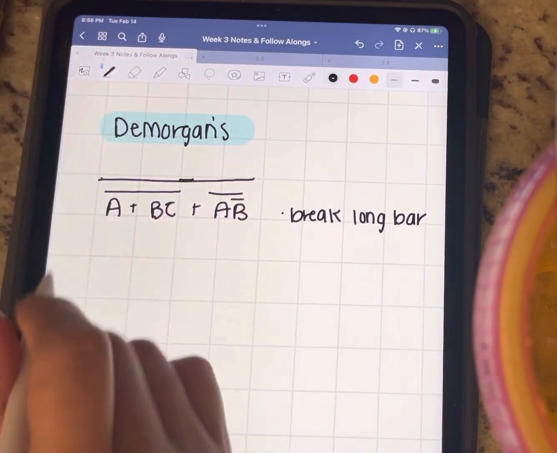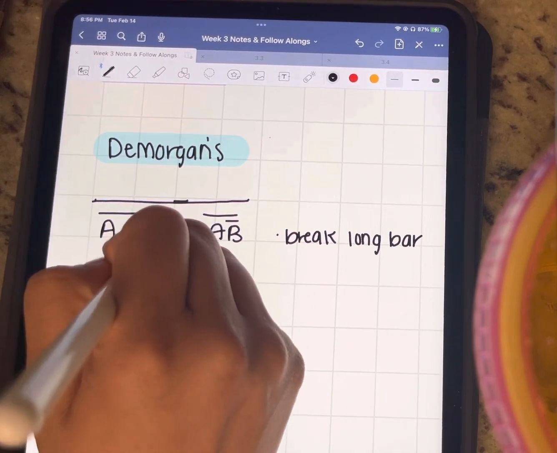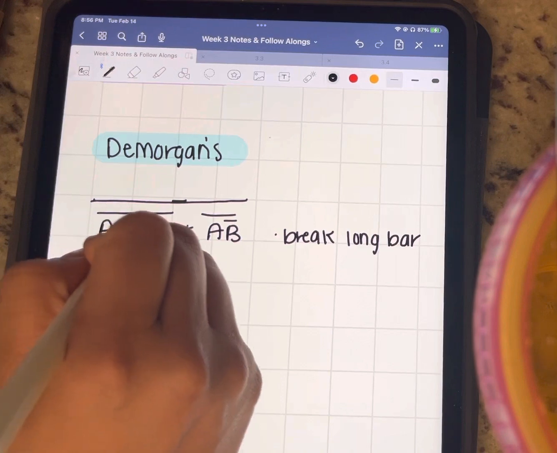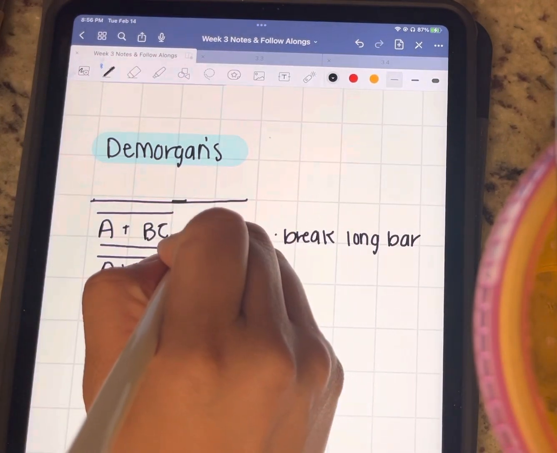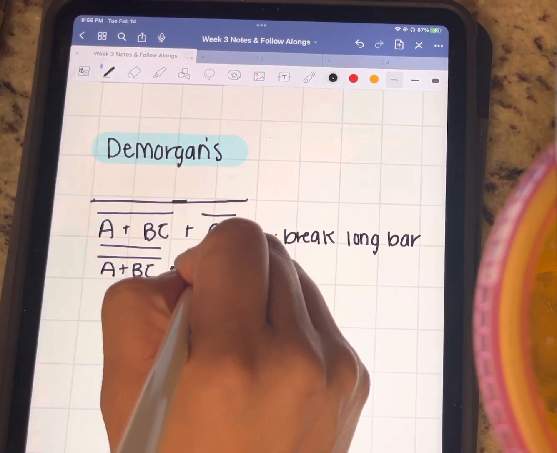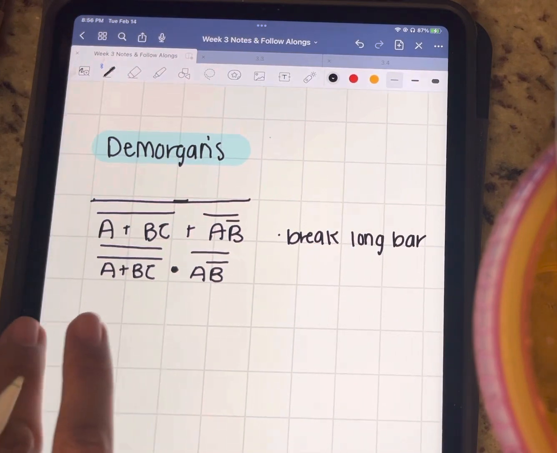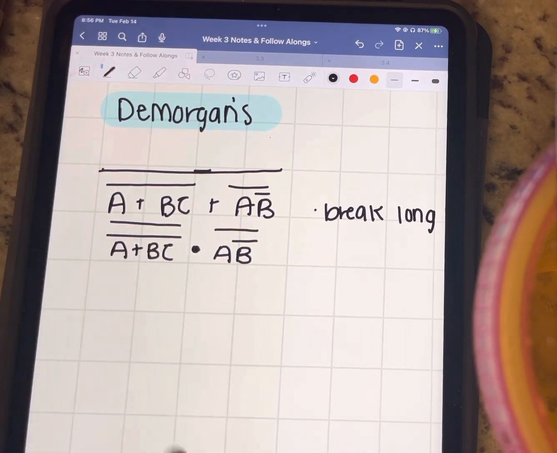First, I want to break up this large bar. And I'll be keeping the bars over it to make it easier, so I'm not flip-flopping the signs and operations multiple times.